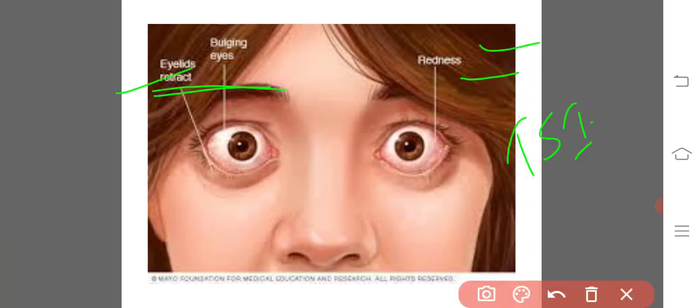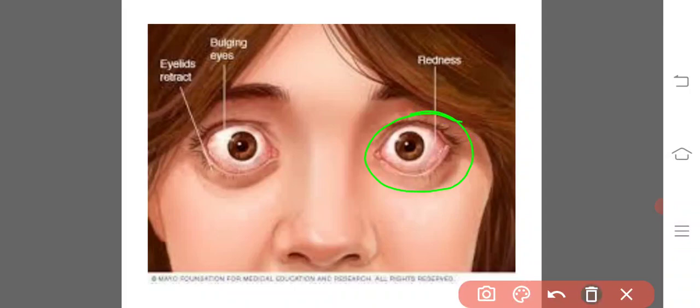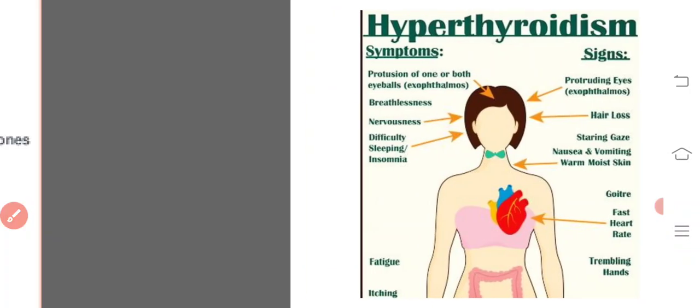The excess tissue makes the eyes move anteriorly. Consequently, they appear to be larger than the normal size. That is the exophthalmic goiter. It is also accompanied by hyperthyroidism.